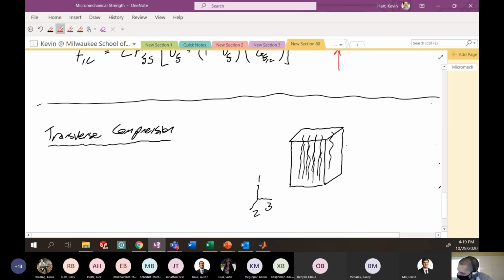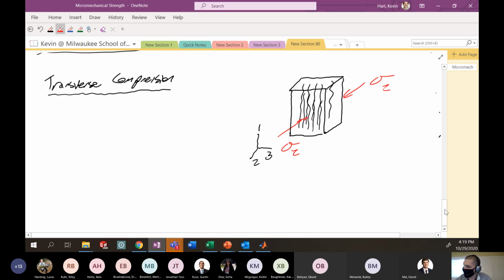And we're putting the 2 and 3 direction in compression. So here's sigma 2, or equivalently, sorry, this is the 3 direction. I'll stick with how I drew it. It's more or less equivalent. And if you're looking in the 2, 3 plane, you're going to see the following.